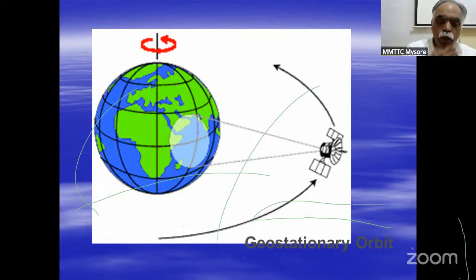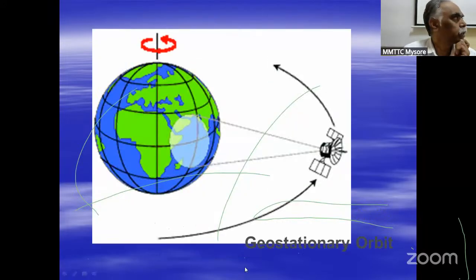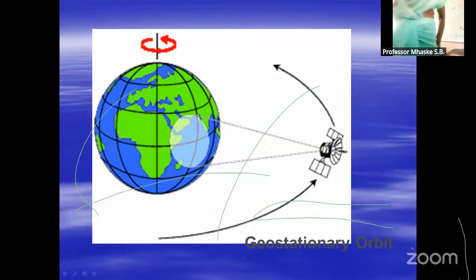It will always be focused on one particular point on the ground. Whereas polar satellites will be revolving around the Earth. So this is the polar orbit satellites. This is geostationary satellites.